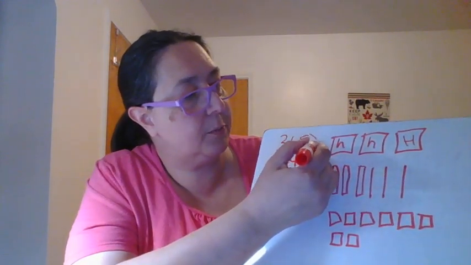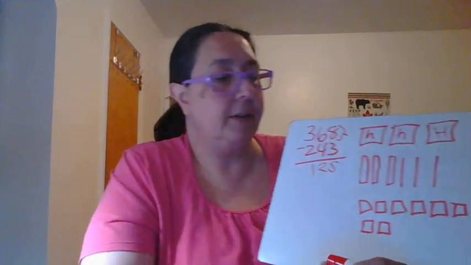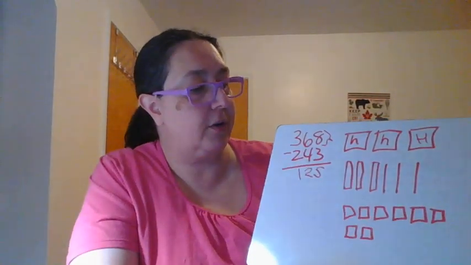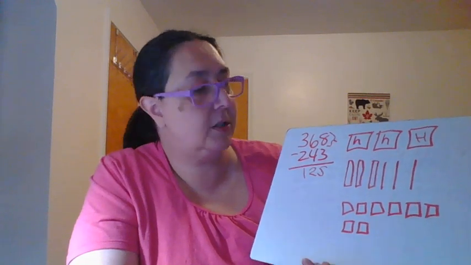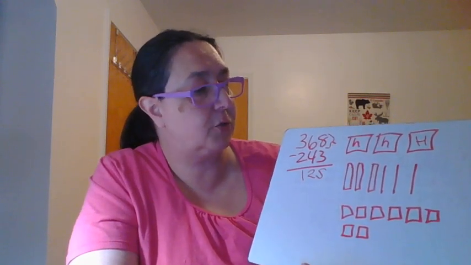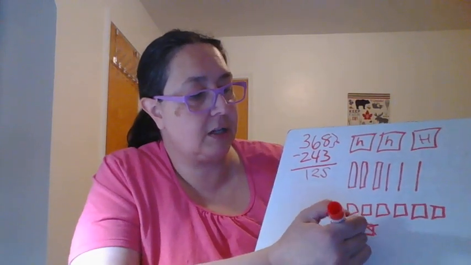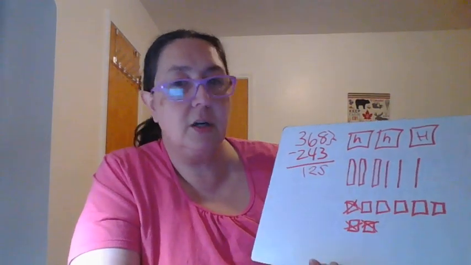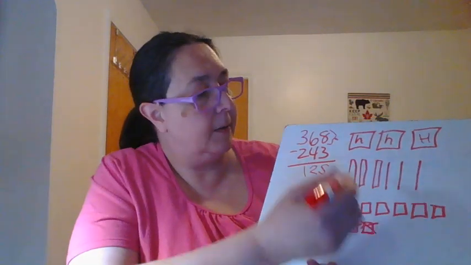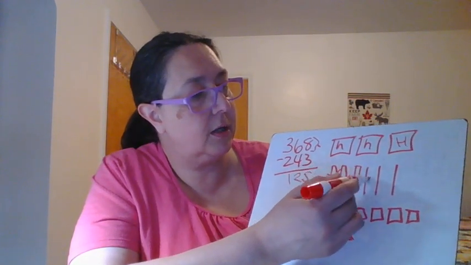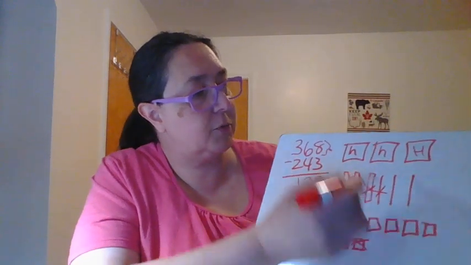We are doing this part of the number. Now I'm going to subtract 243. I'm going to subtract from the ones side, so I'm going to subtract 3. When I'm subtracting, I'm going to cross things out. There's the 3 I'm subtracting. Here's the 4 I'm going to subtract: 1, 2, 3, 4. And I'm going to subtract 200.